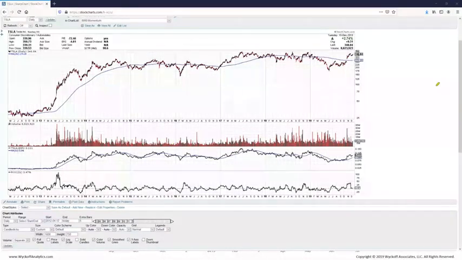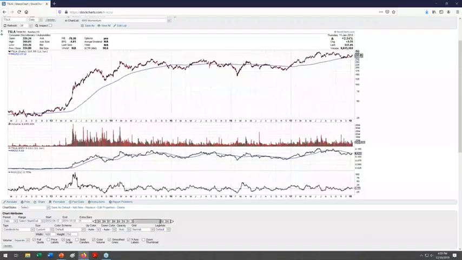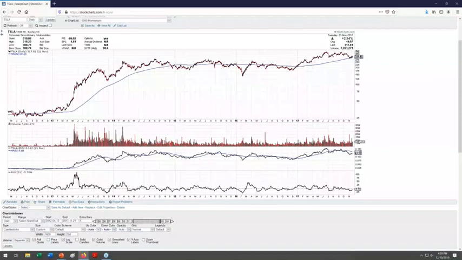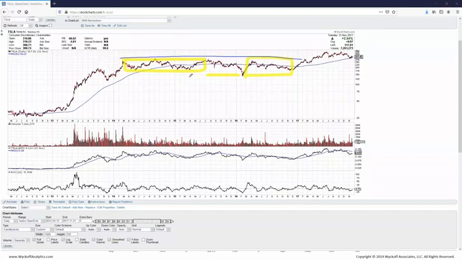So here is a trading range in Tesla that had reaccumulation texture, distributional texture, and then reaccumulational texture in the same trading range. So your Wyckoff story would be developing throughout different environments here.